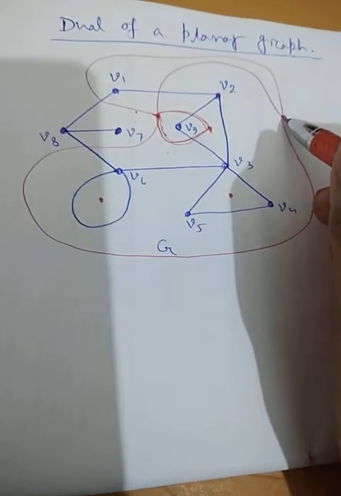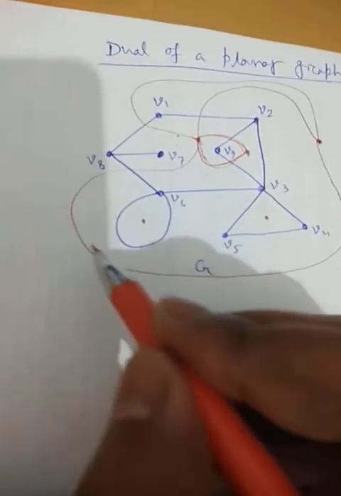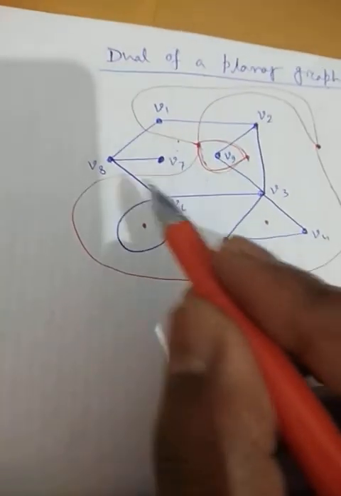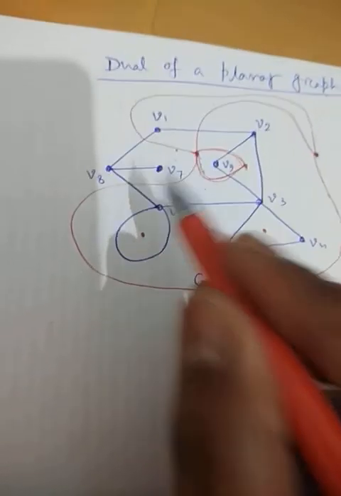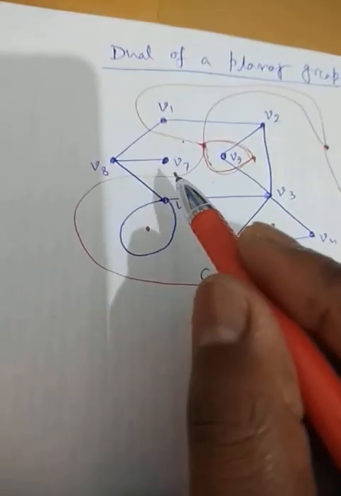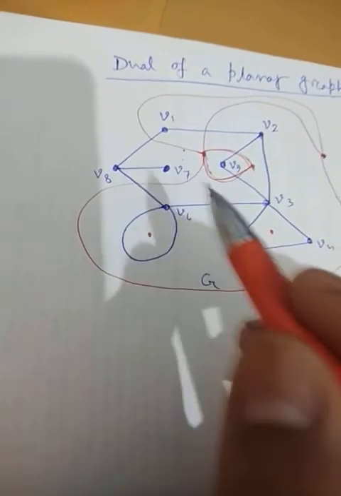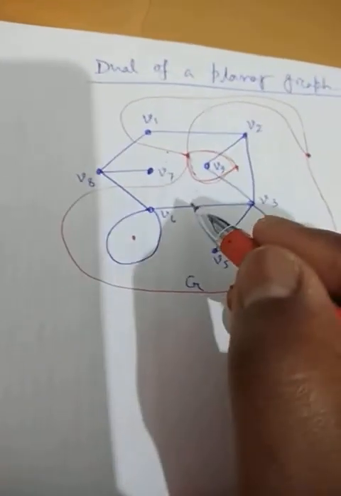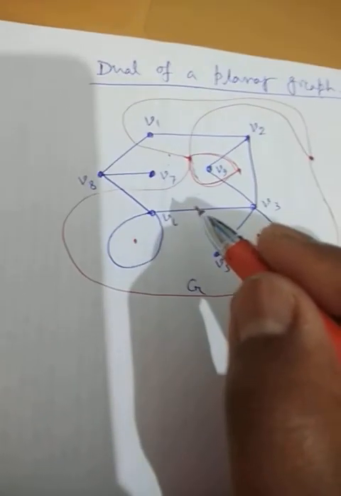We can see that the edge of the dual graph is intersecting the corresponding edge of the original graph once, and since the dual graph is also a planar graph, no edges of the dual graph will intersect each other. In such a way, you have to take all the edges of the original graph.